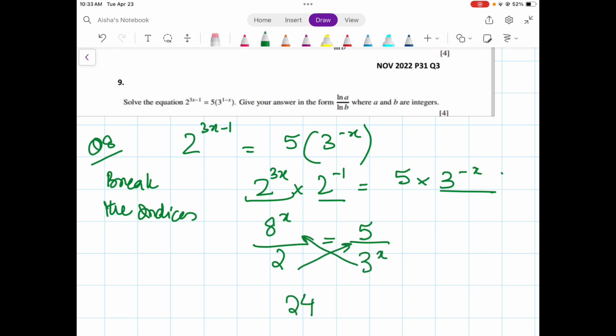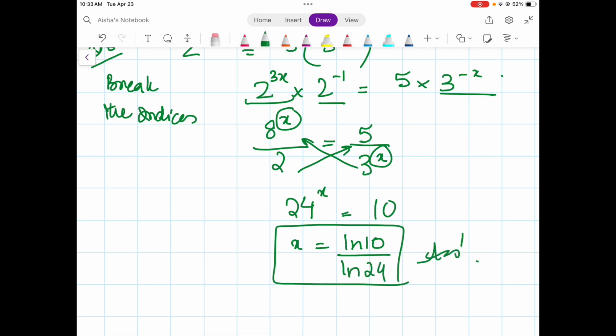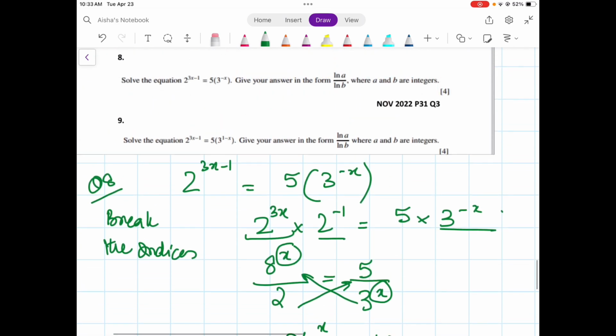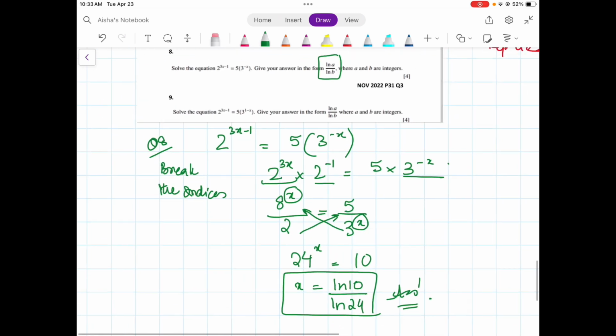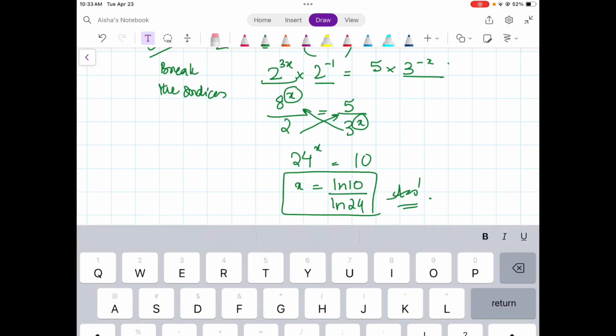Cross multiply, same power, so bases can multiply. Now applying ln on both the sides. That's going to be my answer. And they're asking me to write the answer in terms of a and b. Let's take another question.